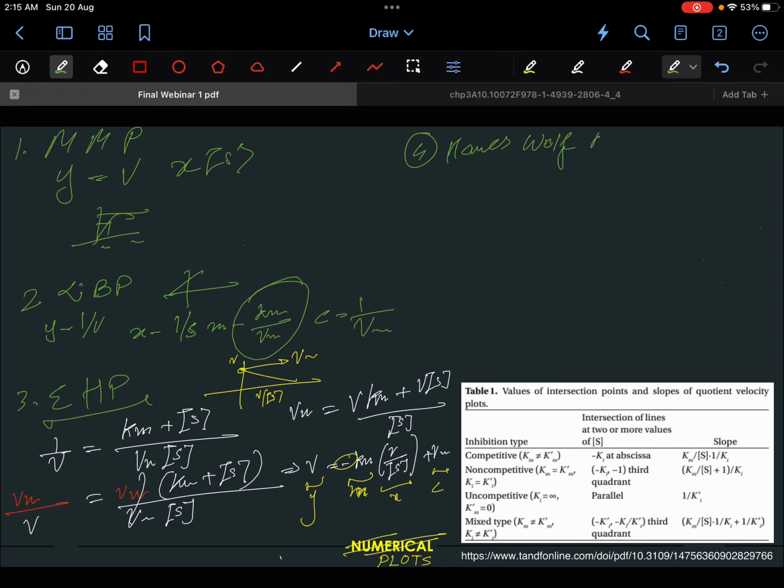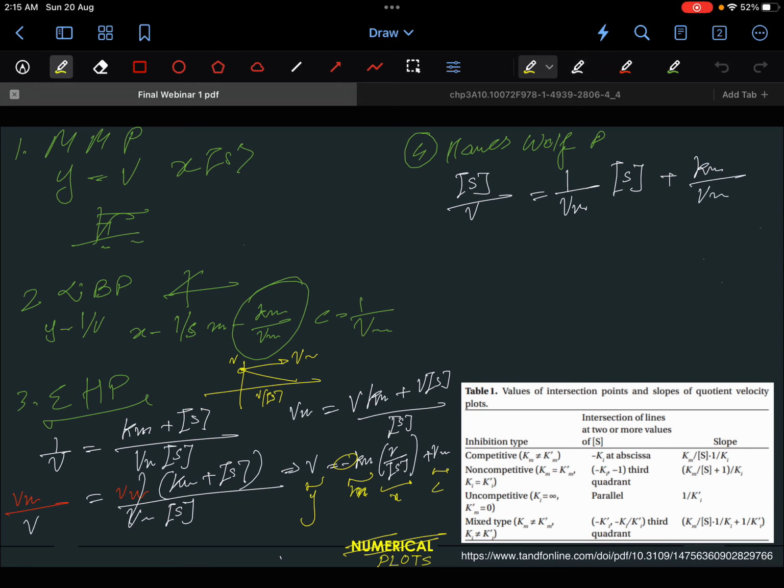Hanes-Woolf, right? Hanes-Woolf plot. What happens in the Hanes-Woolf plot? Then again you start playing with the Lineweaver plot and you will finally end up with this. V equal to, what was it in this, M was 1 by Vmax into s plus Km by Vmax, right?